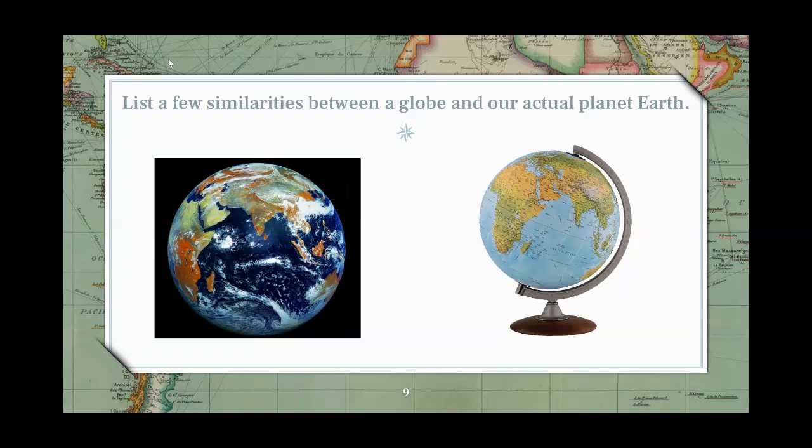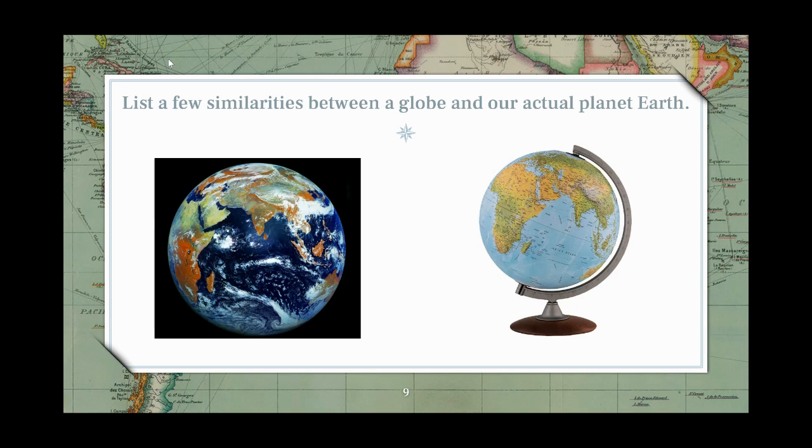So now you're looking at a satellite photograph of our actual planet Earth. What are some differences or some similarities that you notice between these two images? One similarity that I notice is that they both have the same shape, and they also have a lot of the same shapes inside of them.